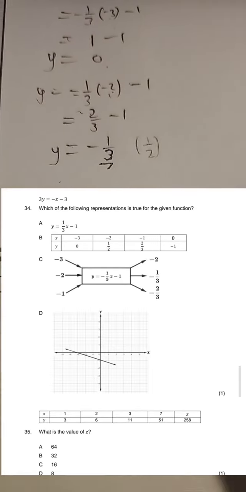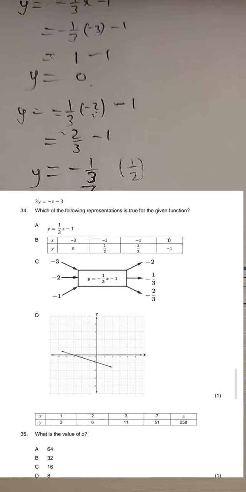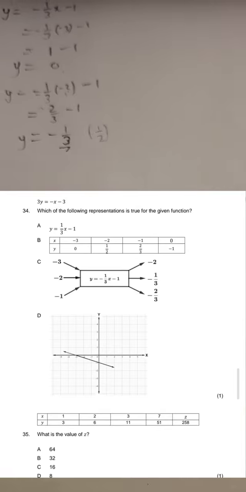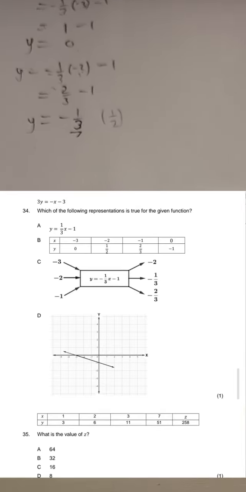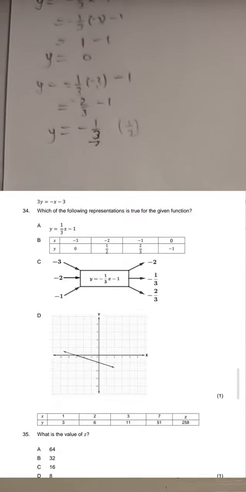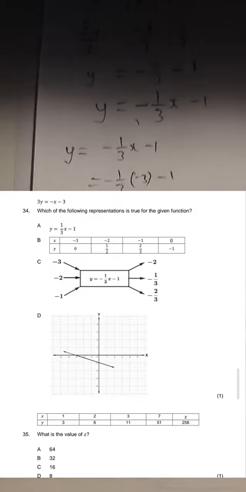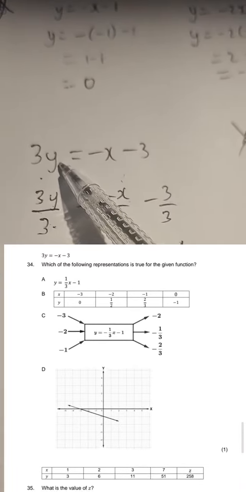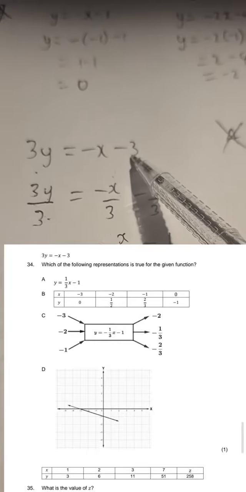Guys, in the flow diagram, we're getting negative 3, and you can see the rule there says y is equal to negative 1 over 3 x minus 1. Now you should see very quickly that we worked the function 3y is equal to negative x minus 3.